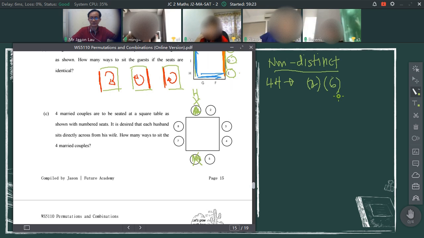No, 6 choices, because the symmetry is already broken. The table is not symmetrical anymore, since the first pair is seated and has made the table unequal. So it's 2, 6, 4, 2.